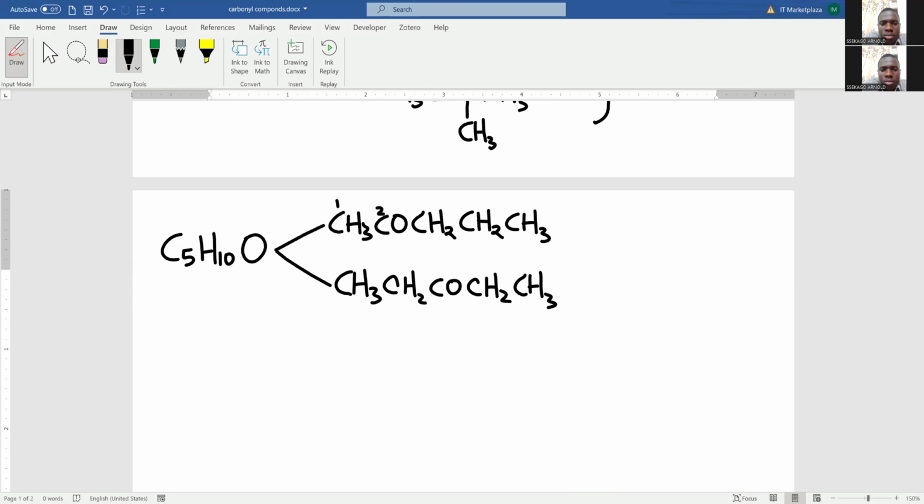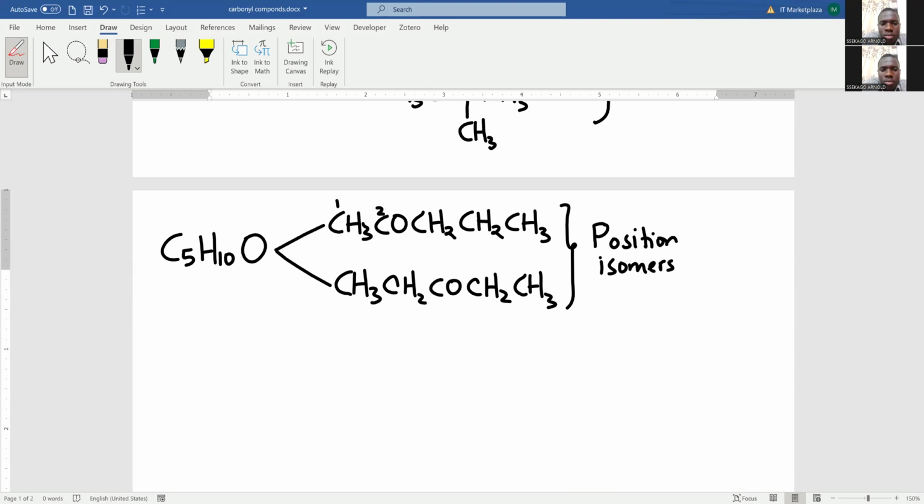So here they define the position of the functional group, and we call this position isomers.